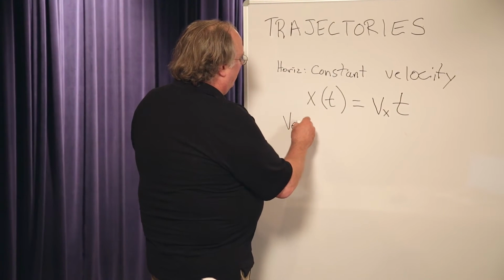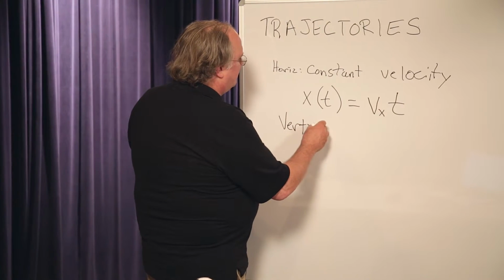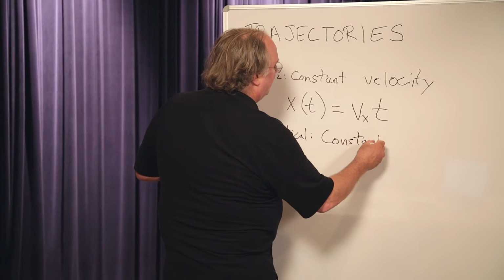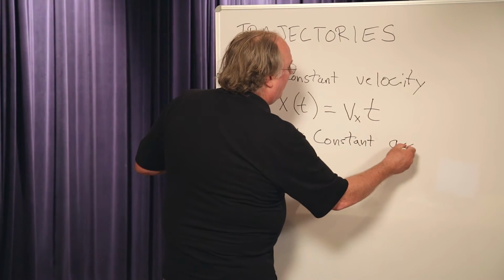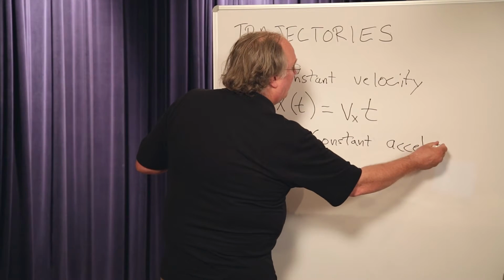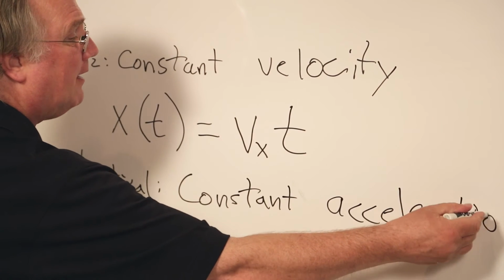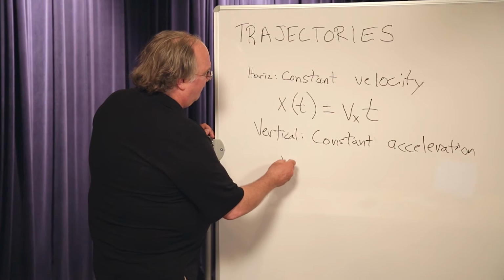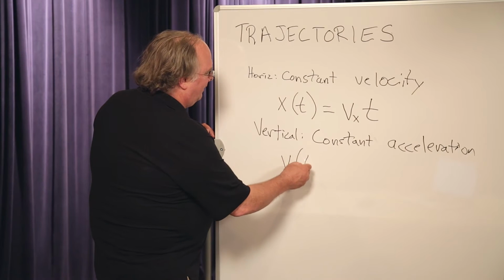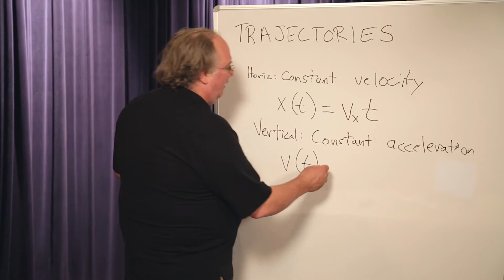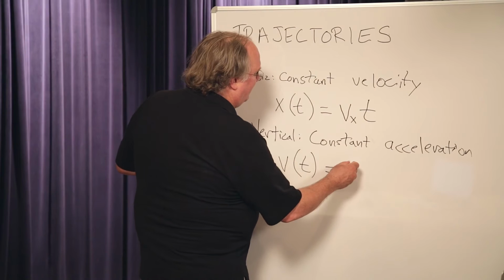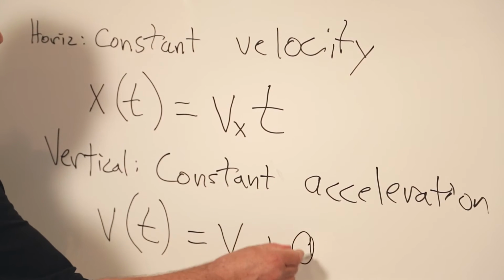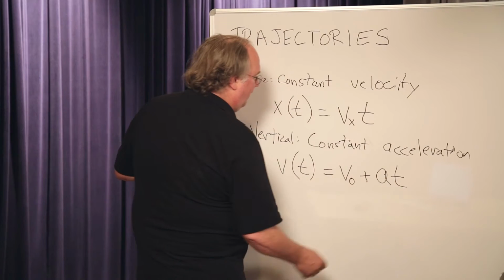Vertically, we have constant acceleration motion. And constant acceleration motion means the velocity changes all the time. The velocity differs as time goes by. In fact, we have an equation for the velocity at any time, and that's equal to the velocity at t equals 0 plus the acceleration times t.